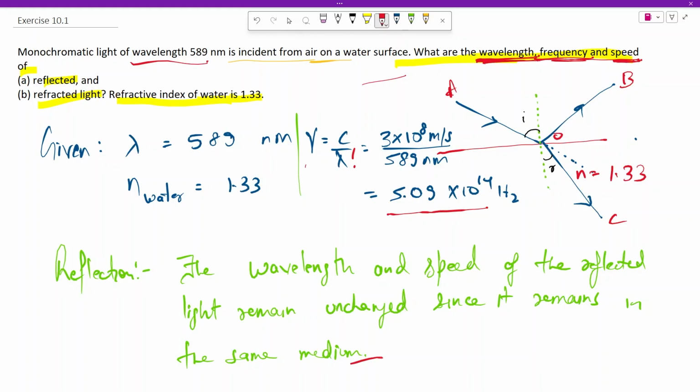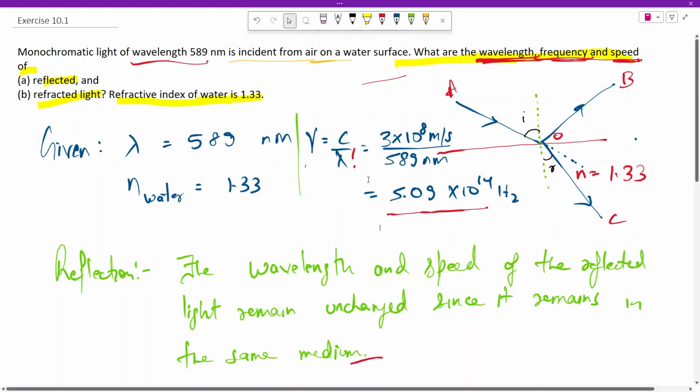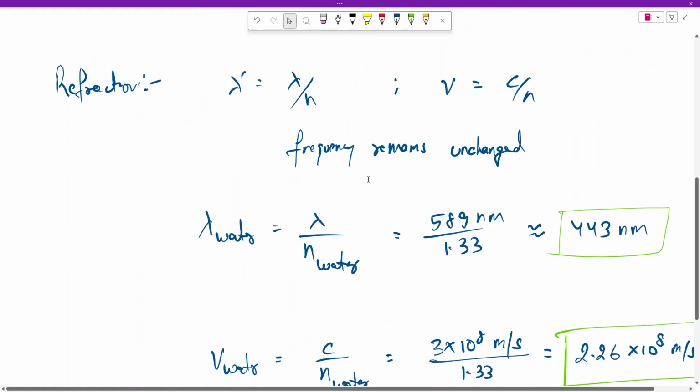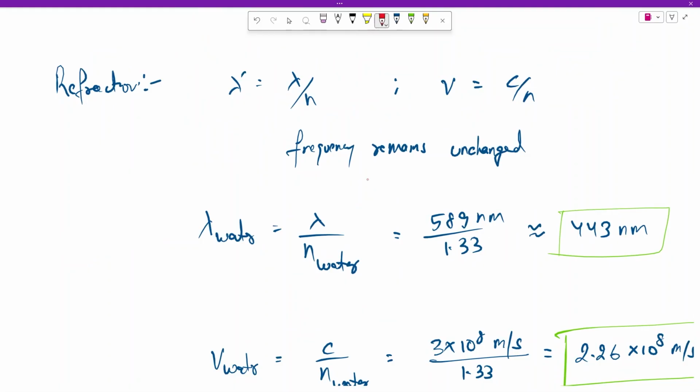And let's calculate the wavelength and the speed in water. The formula for calculating wavelength in a medium, where the wavelength in vacuum is given, is lambda dash equal to lambda divided by the refractive index of that medium, lambda being the wavelength of the light in either air or vacuum.